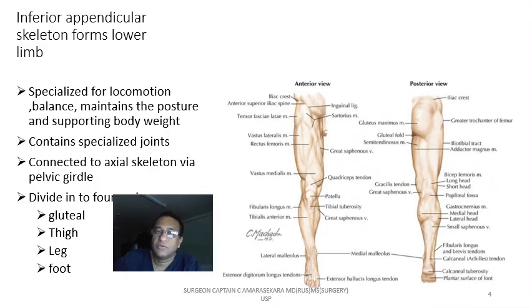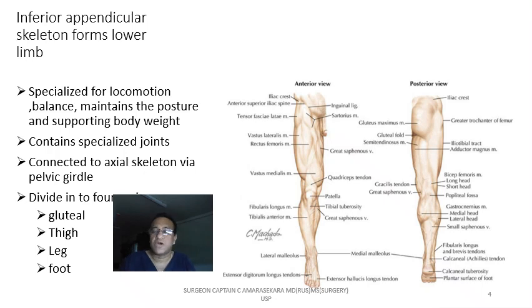Okay, now we have set the stage. Let's begin by understanding the structural framework of the lower limb, what we call the inferior appendicular skeleton.